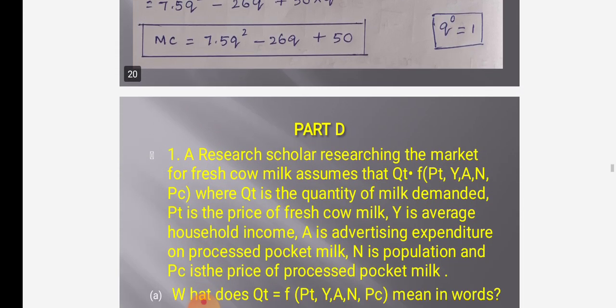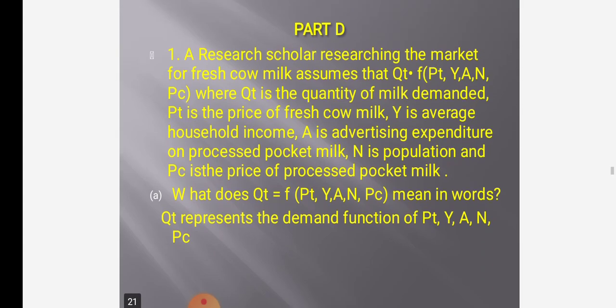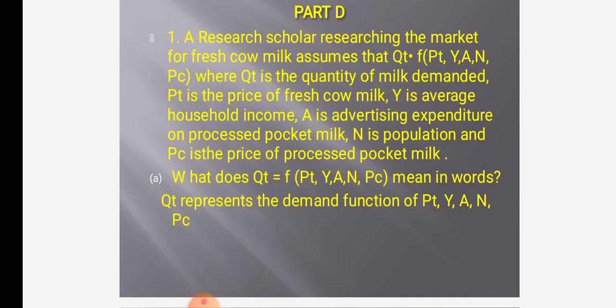Now, the next topic is the Part D question. A research scholar is researching the market for fresh cow milk. He assumes that quantity QT is a function of PT, Y, A, N, PC.